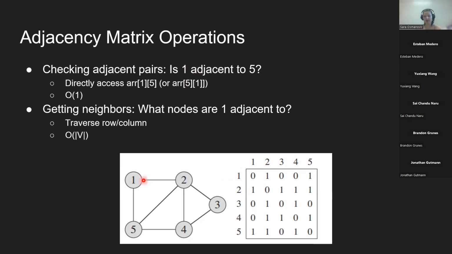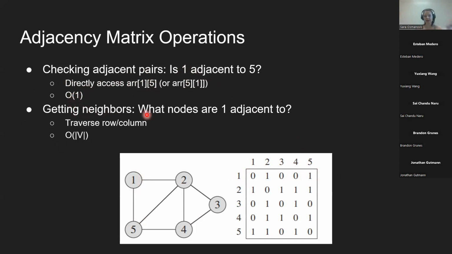If you want to see whether 1 is adjacent to 5, you look at this table, which can be a 2D array or whatever you want to represent it as, and check this specific location. Because arrays in most programming languages have random access, the complexity is O(1).